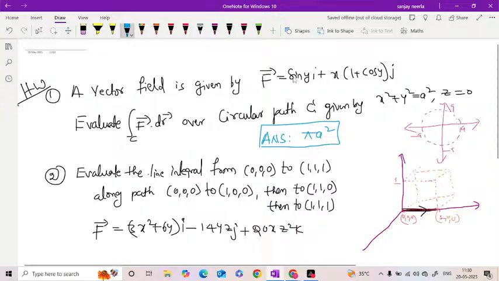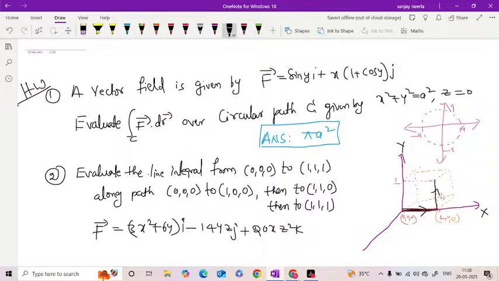So 1 1 0 means assume it is the x and this is the y. So 1 1 means now this is the point. So in this direction, now the point is 1 1 0. After that 1 1 1. So in this direction, 1 1 1.